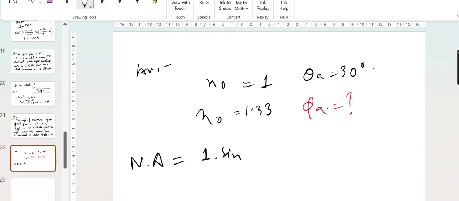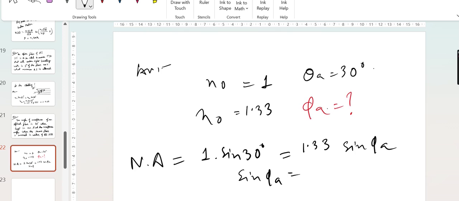So this is 1 into sine 30 degree. So basically the numerical aperture remains the same. So that would be equal to 1.33 in the water times sine phi A. So sine phi A would be sine 30 degree by 1.33.